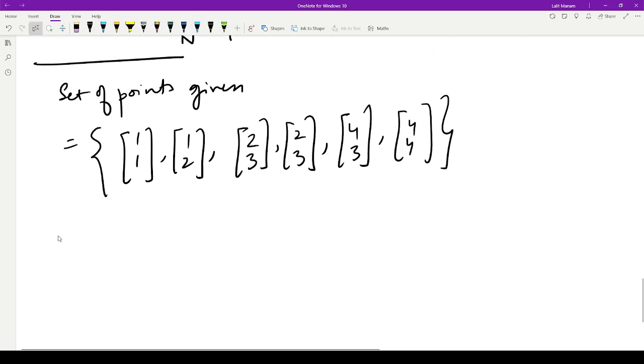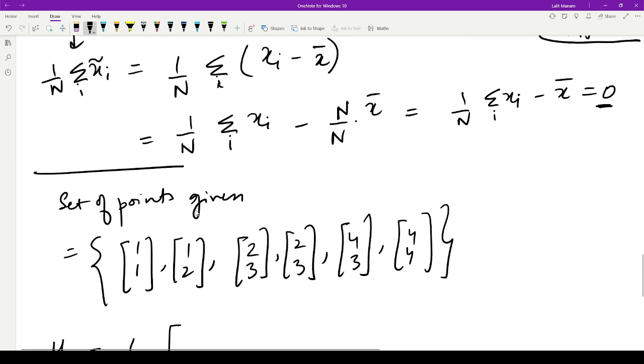What do we need to do? First, we'll get the mean vector. We just sum all of these divided by the number of points given, which is 1 by 6 times 8, 14, 2, 3, 3, 2, sorry.